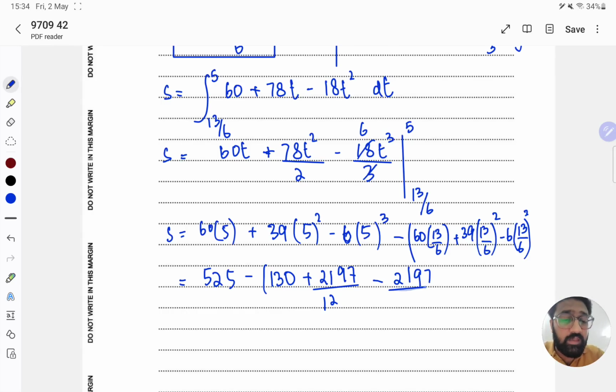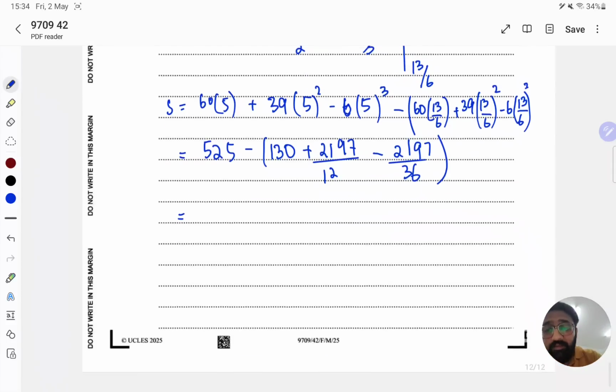which is 2197 divided by 36. So 130 plus 2197 by 12 minus 2197 by 36, that is about 252.055.